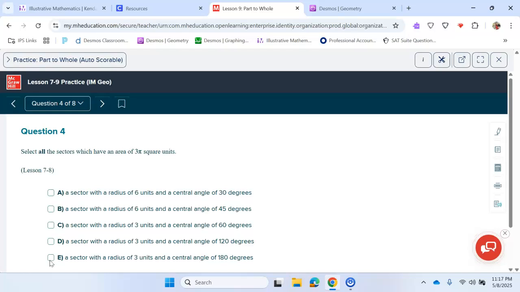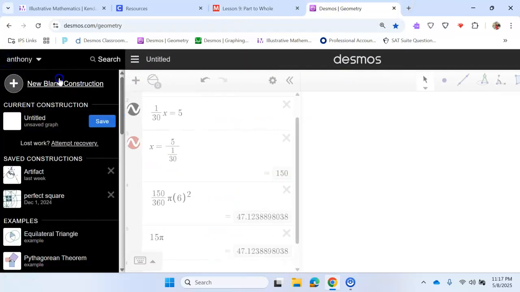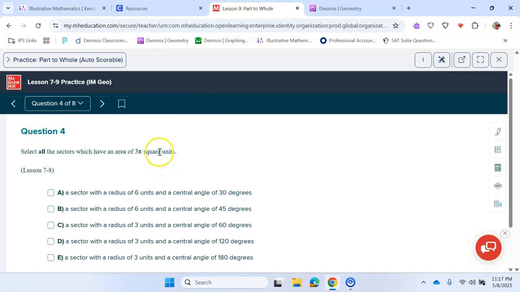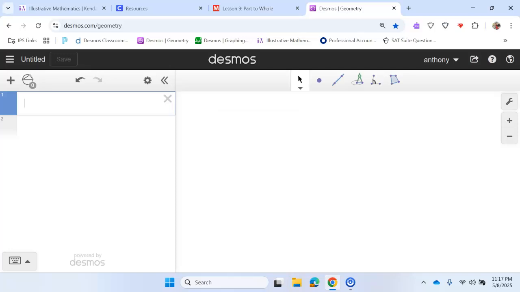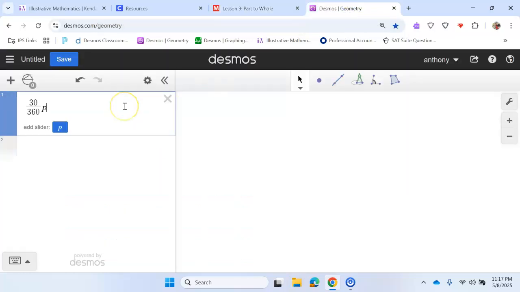Question 4. Select all the sectors that have an area of 3 pi square units. A sector with a radius of 6 units and a central angle of 30 degrees. 30 divided by 360 times pi r squared.